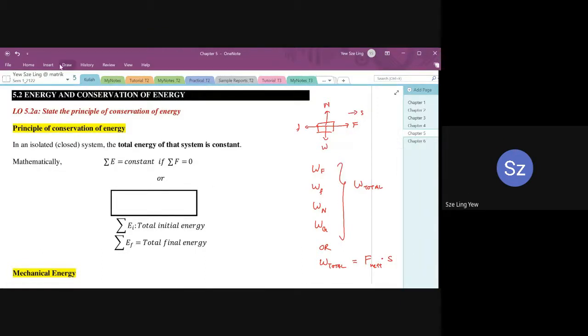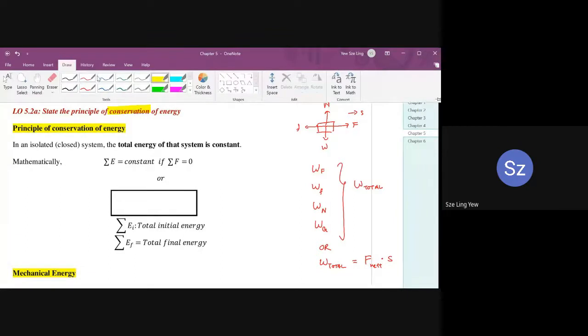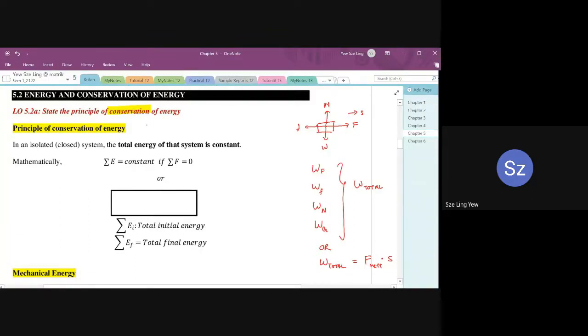Okay, next subtopic. This is the next major subtopic in chapter 5, where we have energy and also conservation of energy. So state the principle of conservation of energy. Again, you have the term conserve. The words conserve and conservation tell you what? It tells you before and after have the same value.